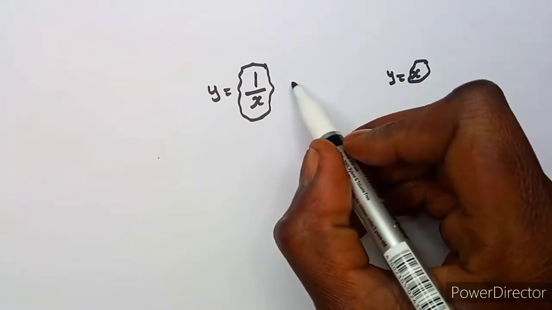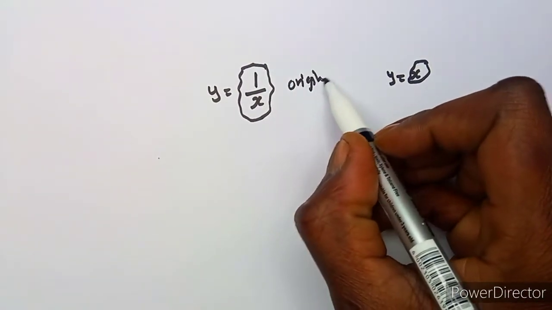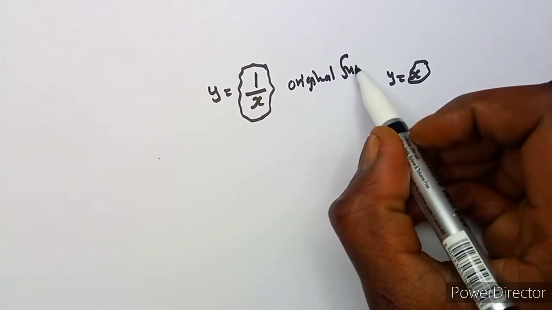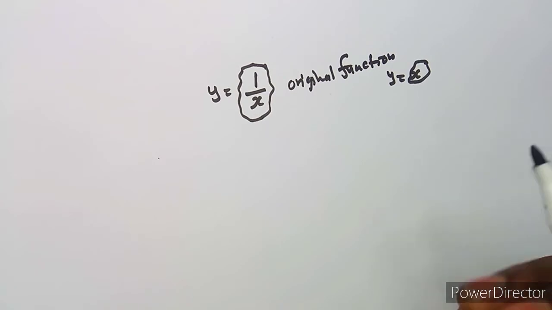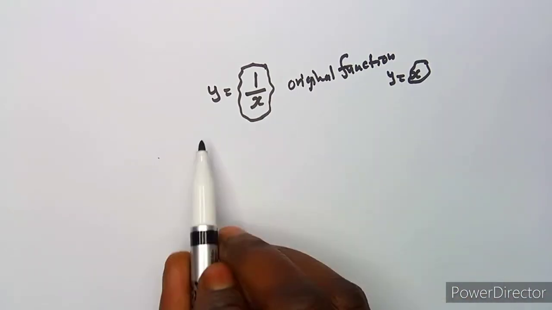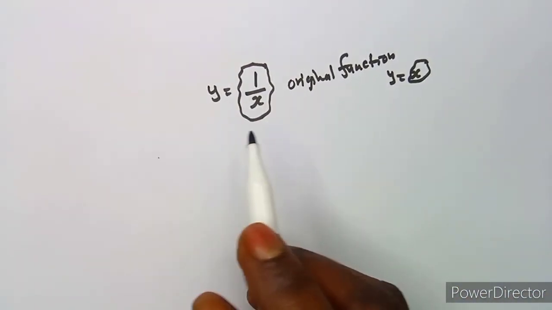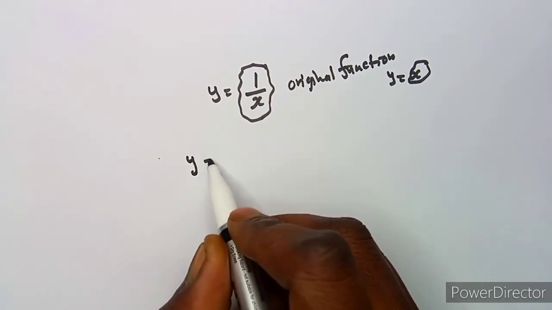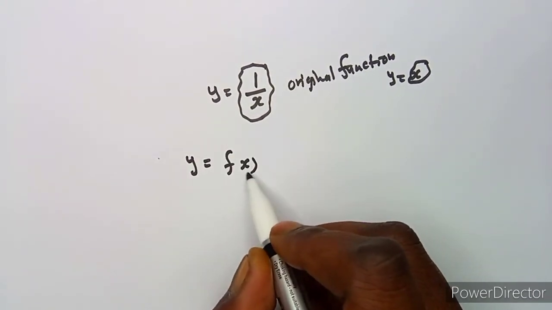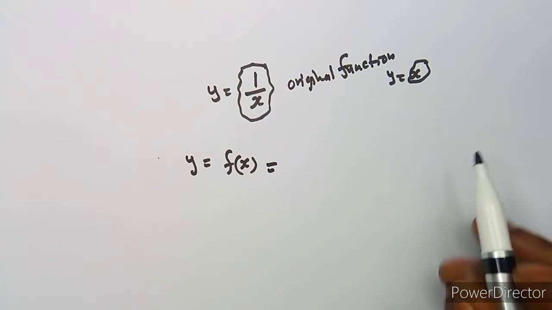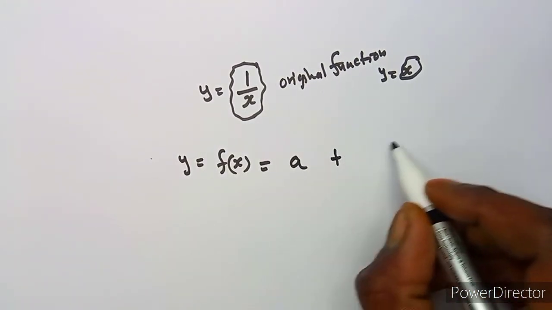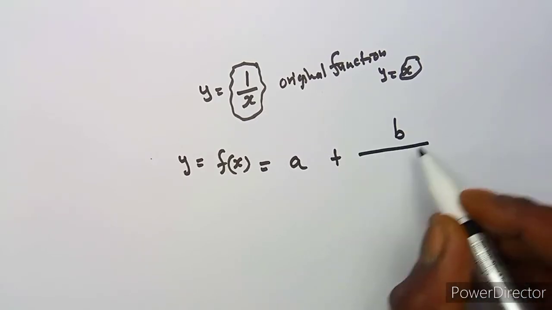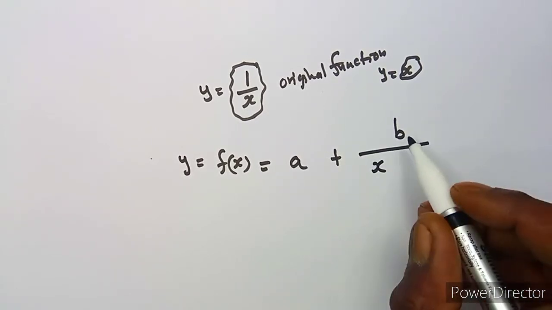Let's say this is your original function or your original equation for the graph that you're talking of in this case. Then you transform this graph into y is equal to f of x, which is now a new function. Maybe it's given by a plus b over x plus c.